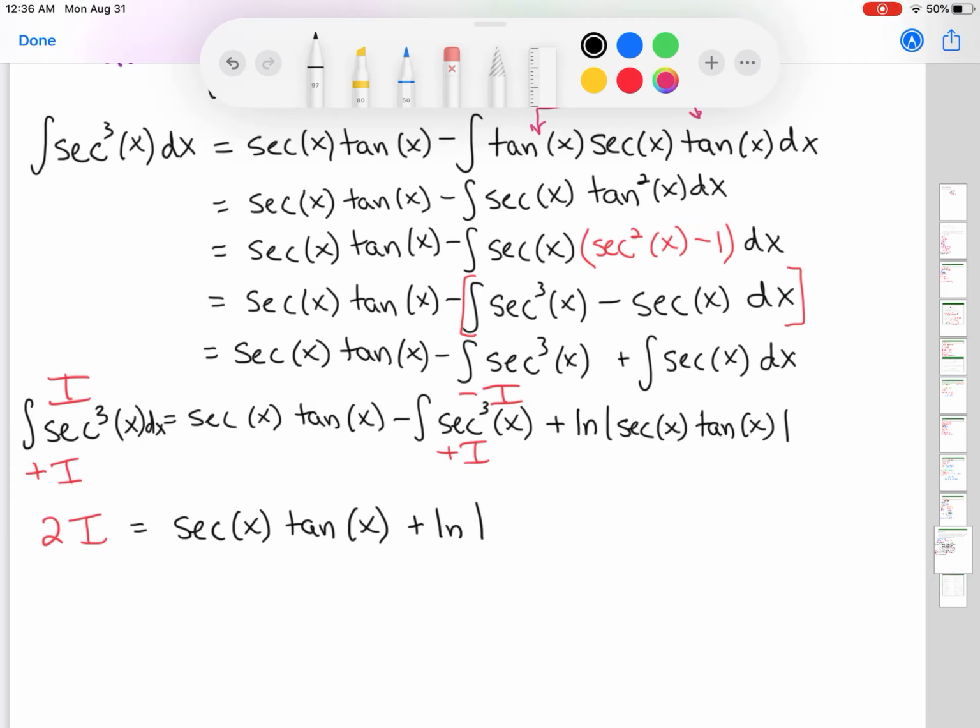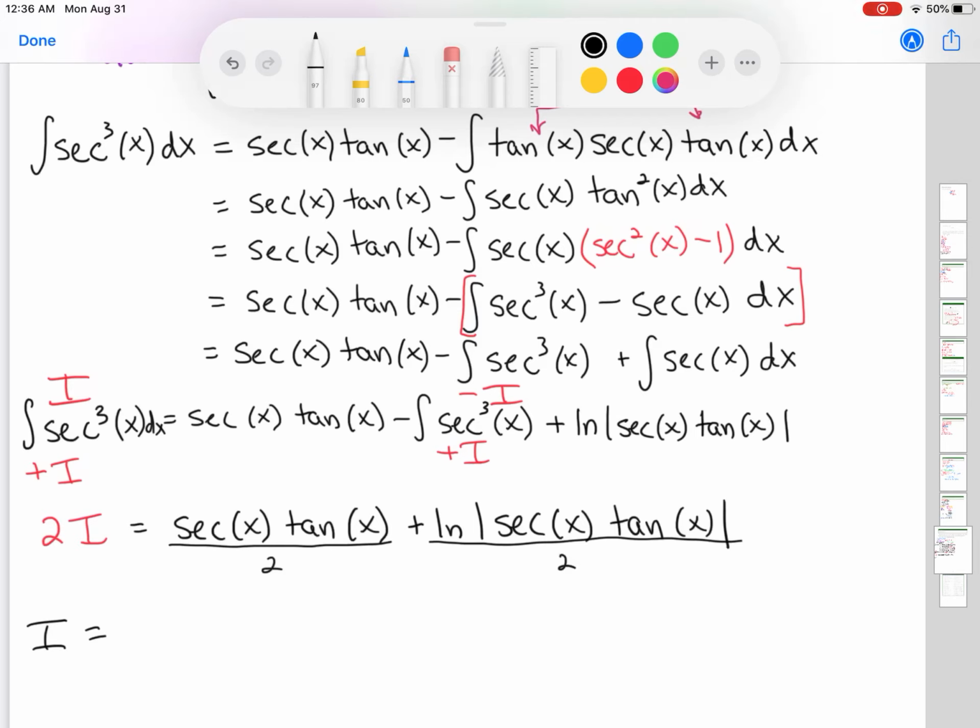Well, we have plus ln absolute value of secant x + tangent x. Okay, there we are. Now let's divide both sides by 2. If we divide both sides by 2, we end up with I equal to this term divided by 2 and this term divided by 2.